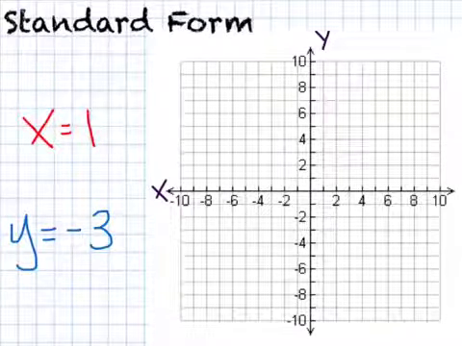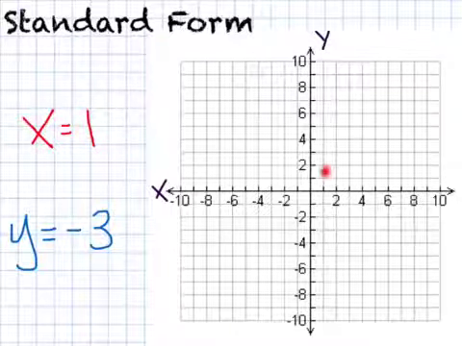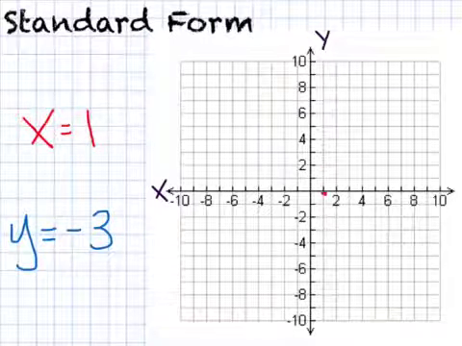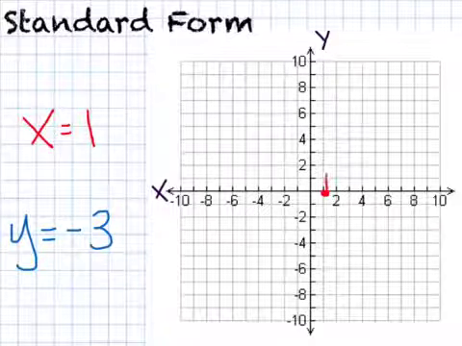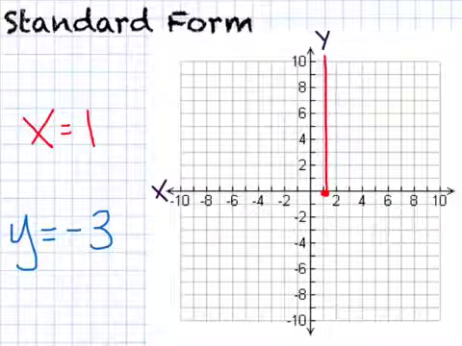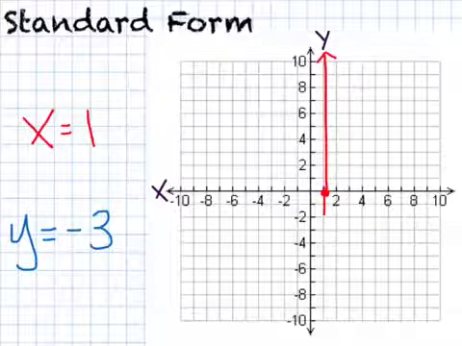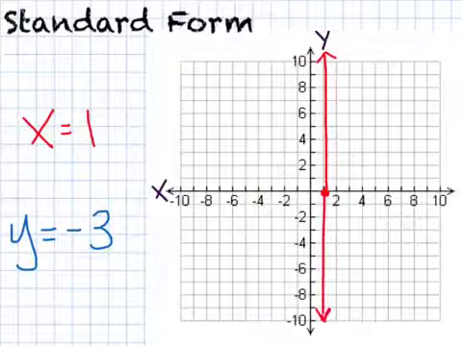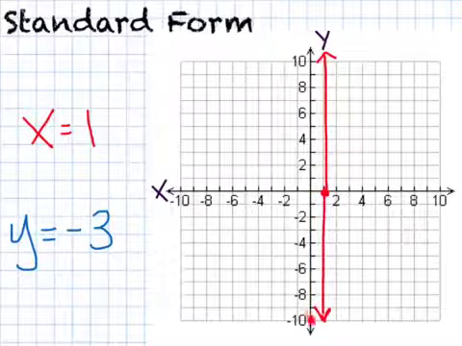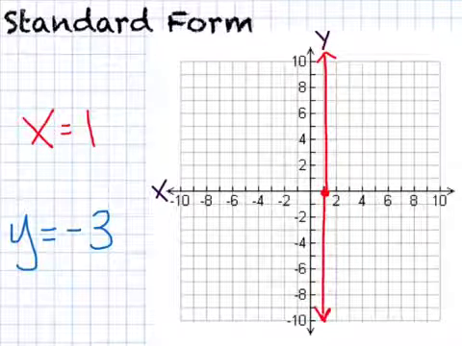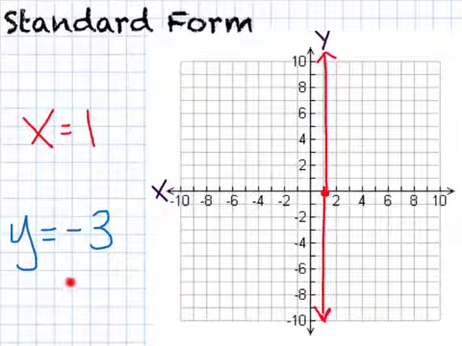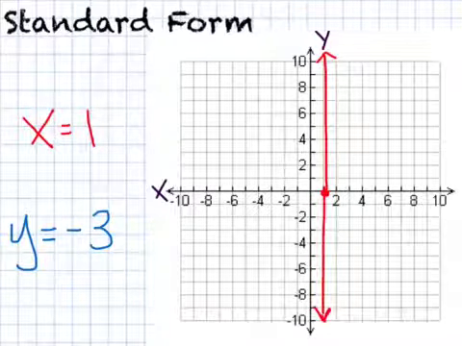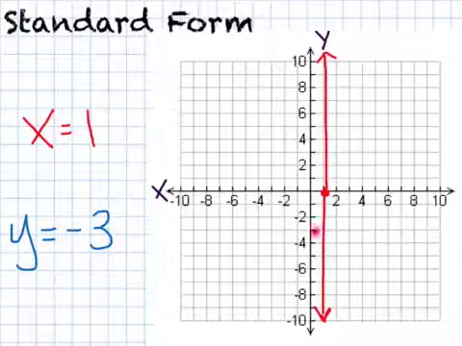So when you draw your line in there, it's going to be right here at x is 1, and it'll just be a line that goes straight up and down, because no matter what y is, x will always be 1. Y equals negative 3 is the same thing. No matter what our x value is, y will always be negative 3.